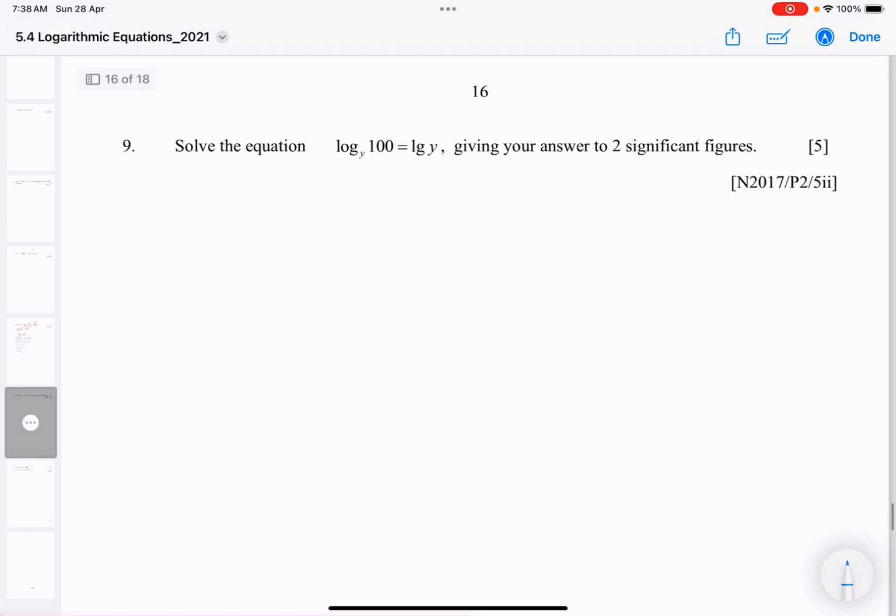Question number 9. Solve the equation log_y 100 is equal to lg y. Now this lg is basically log base 10 of y. Since they want us to solve this equation, how do we do that? I told you the first step is to change everything to the same base.